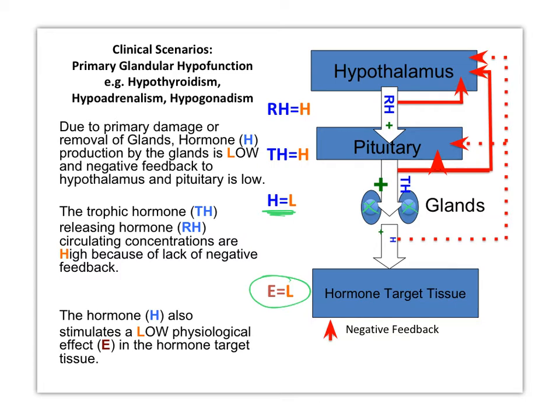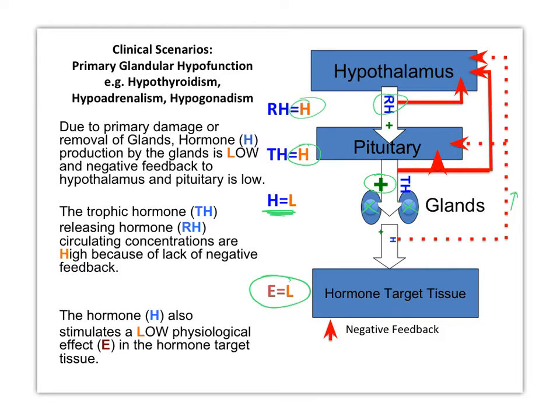However, what happens at higher levels is that because we're lacking this negative feedback, notice the dotted lines. There's weak negative feedback because of low hormonal levels. We see that this results in a larger amount of the production of the trophic hormone, so those levels are high, and a larger amount of the releasing hormone, and those levels are high.